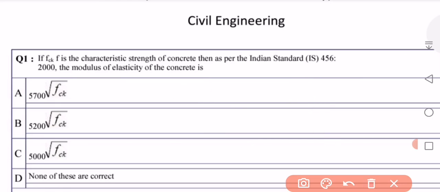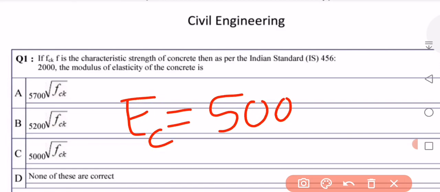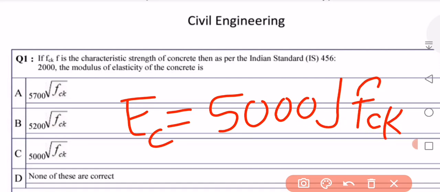Then Ec equals 5000 under root fck as per IS 456:2000.